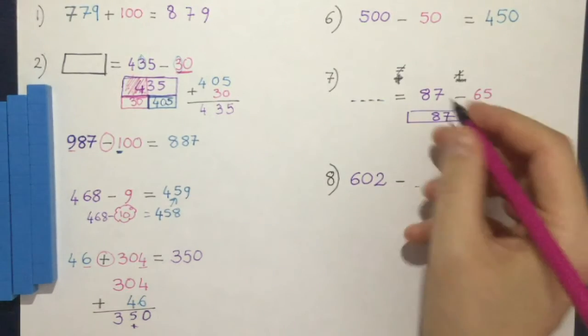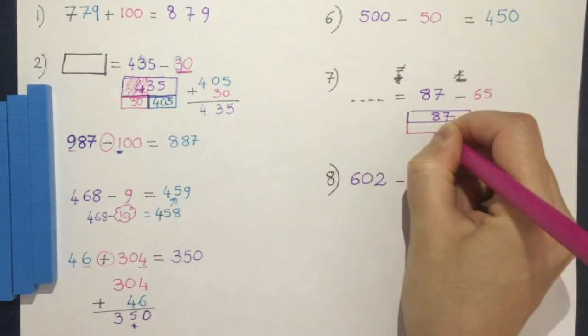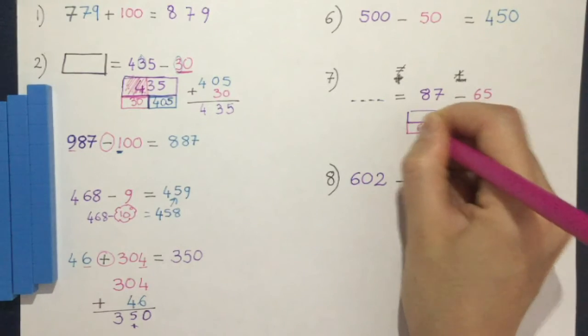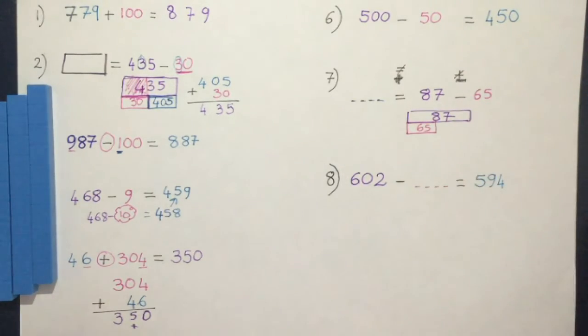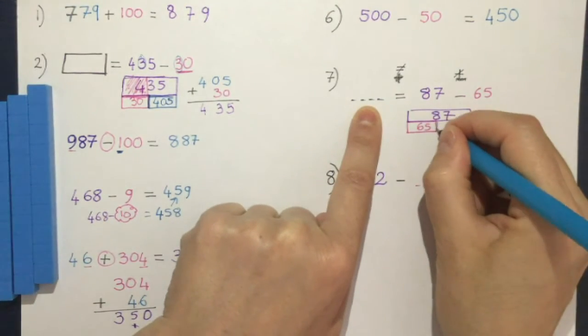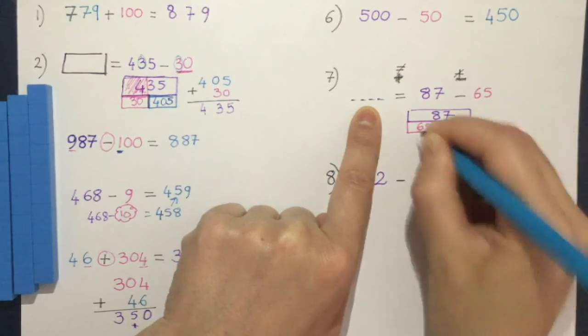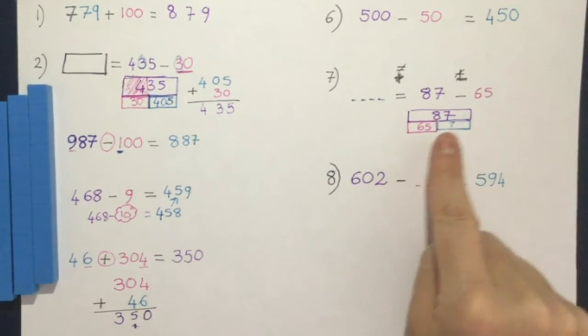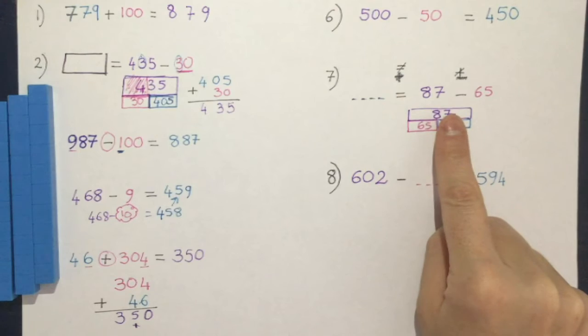And I take away part of it. So one part is 65. So the question is, what is the other part? Question mark.